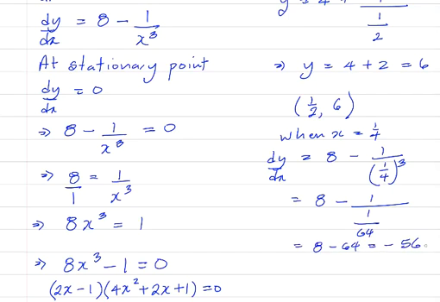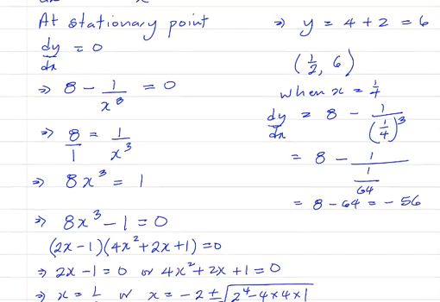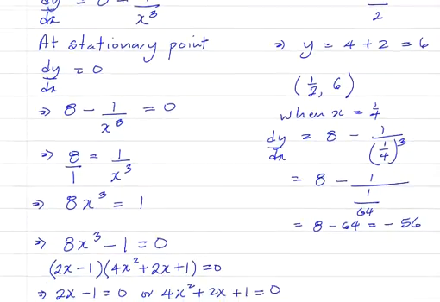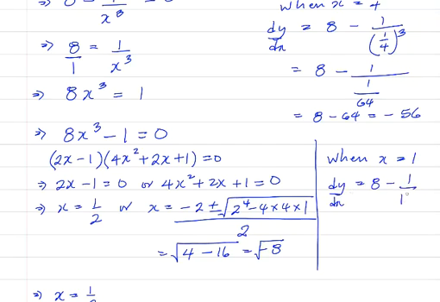So it's negative. Just before x is equal to a half, the gradient is negative. Let's see what happens just after. Let's say when x is equal to 1, dy by dx is equal to 8 minus 1 over 1 cubed, which is 8 minus 1, which is 7. So before negative and after positive.